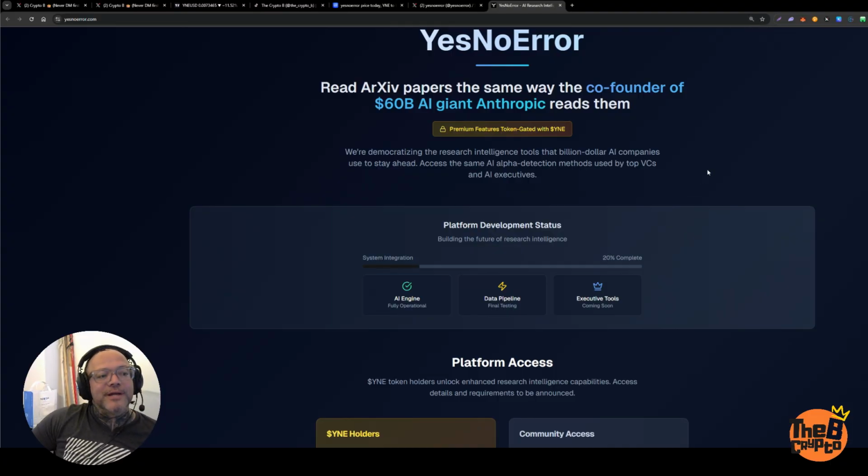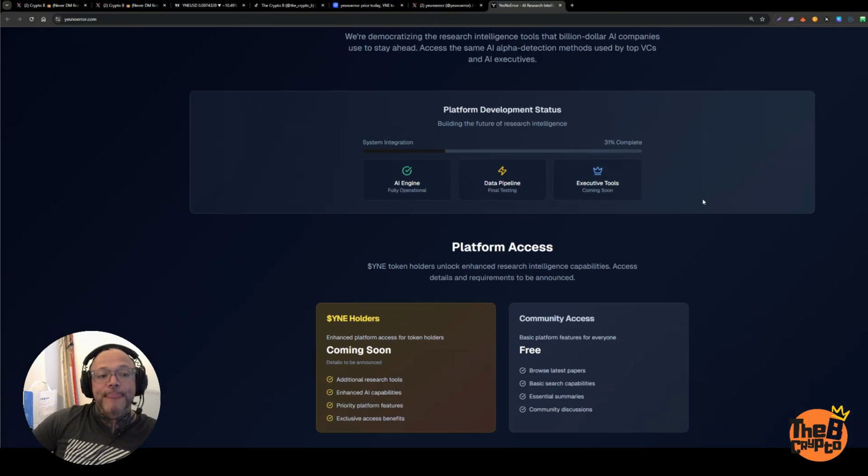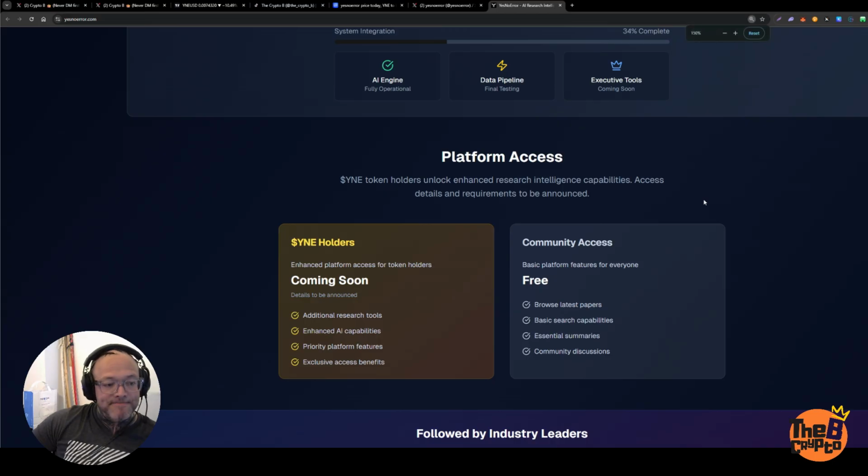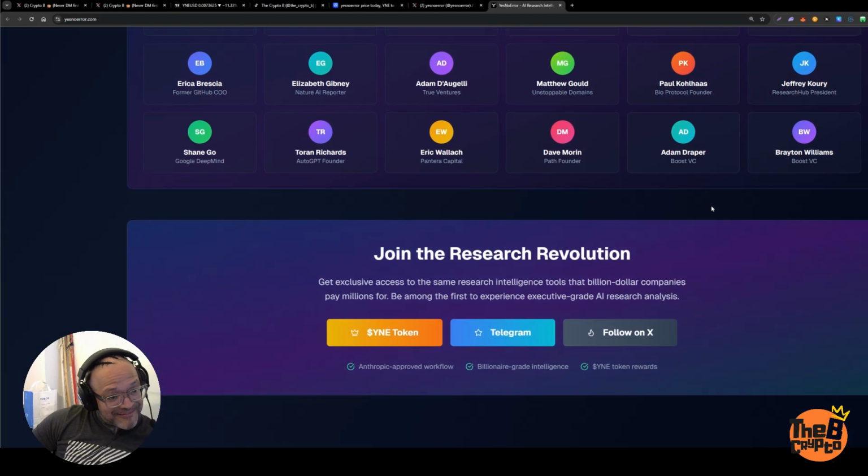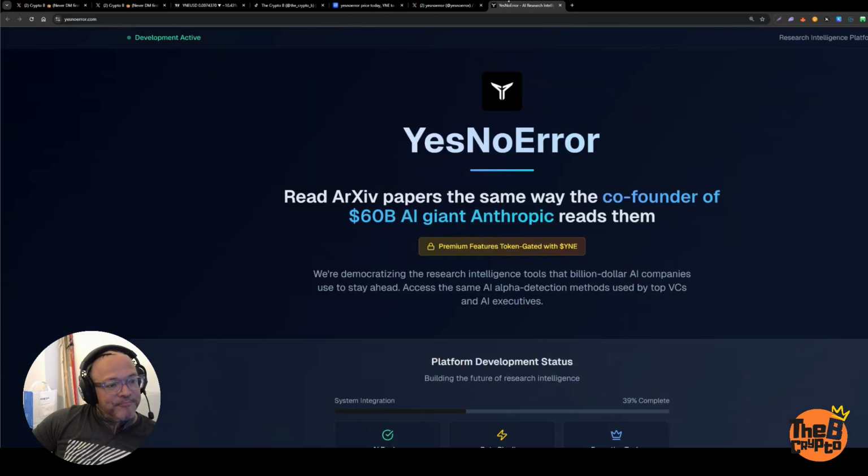We are democratizing the research intelligence tool that billion-dollar AI companies use to stay ahead. Access the same AI alpha detection method used by top VCs. It's very, very interesting.